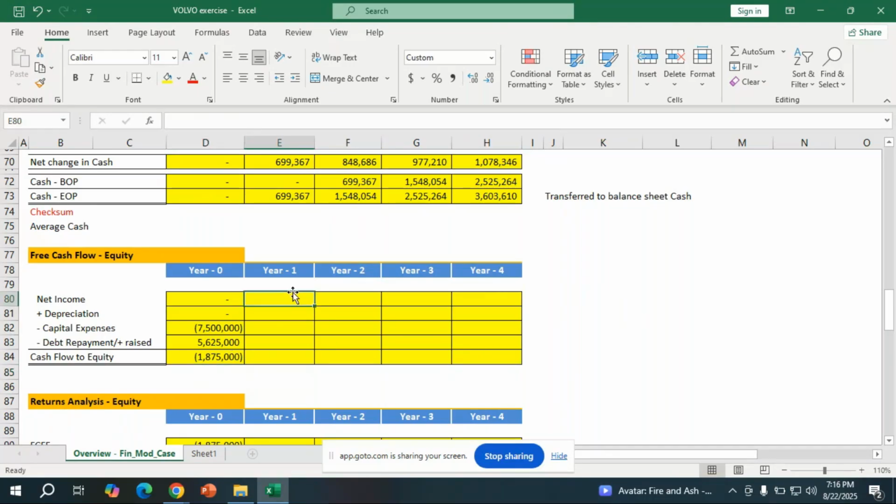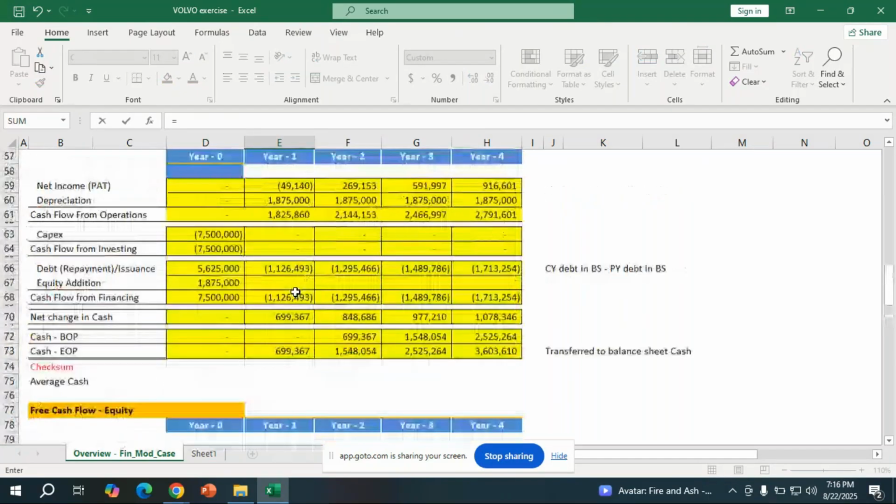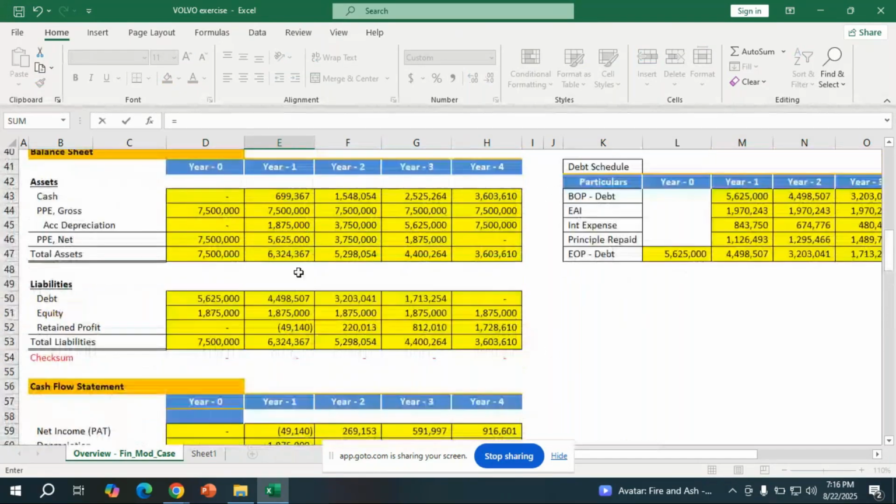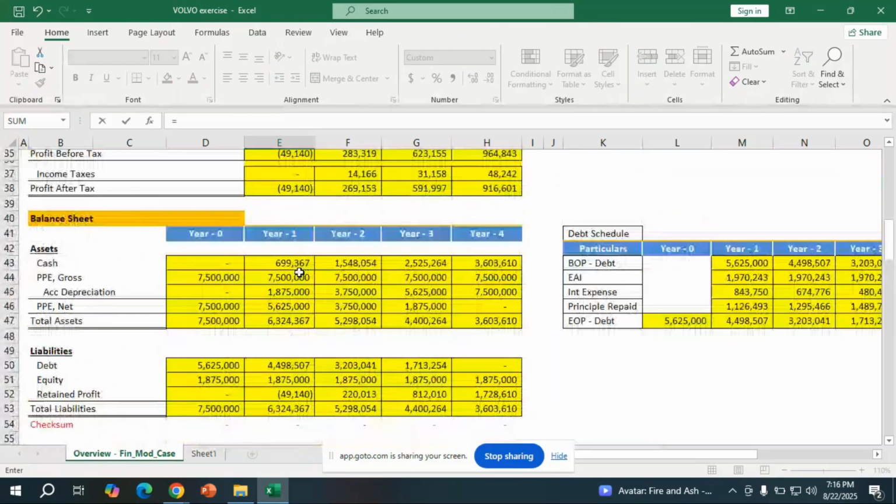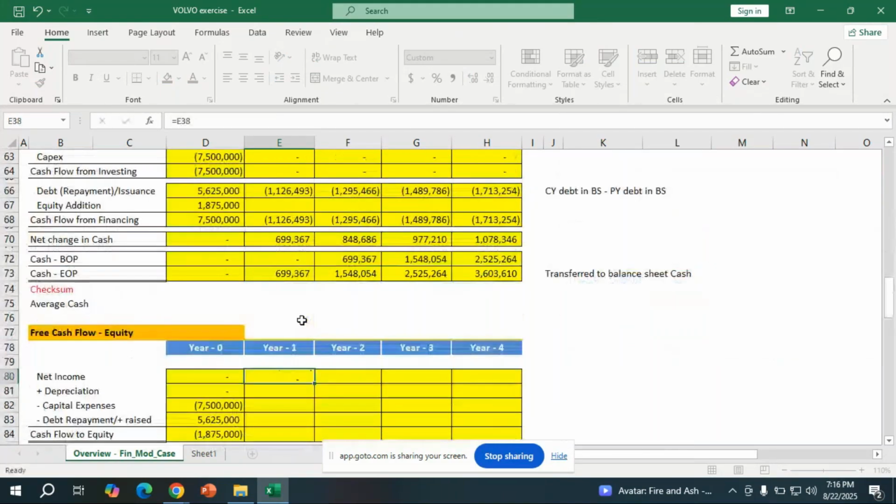Now, in the year one, what was net income? Give your PAT reference here, your profit after tax, which is here. That is this, and press enter. Again, your depreciation, which remains the same throughout the period.